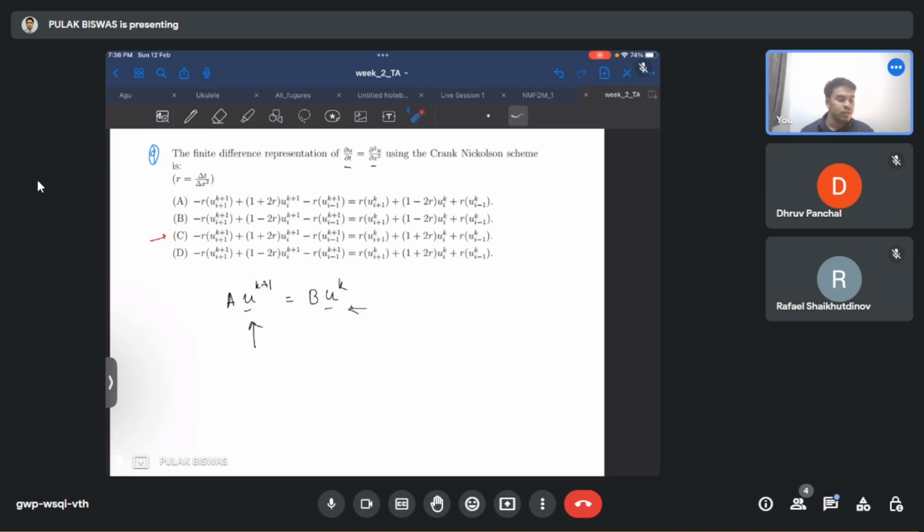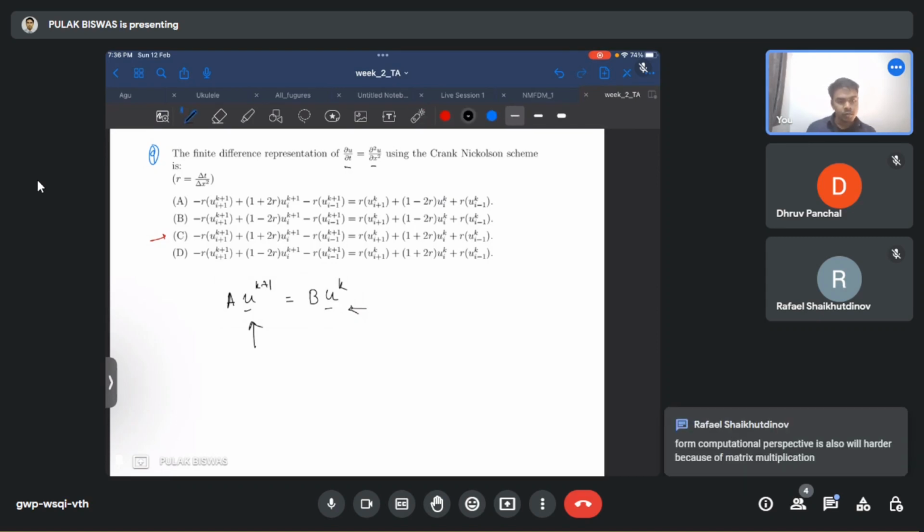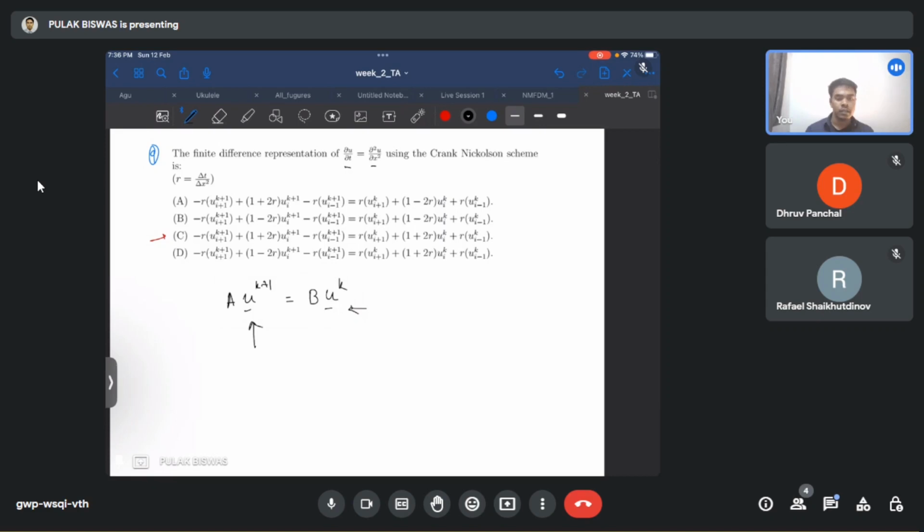So the explicit scheme is sometimes used in that way, but if you satisfy the stability condition, you can use the explicit method to solve the problem. Yeah, in that sense as well.